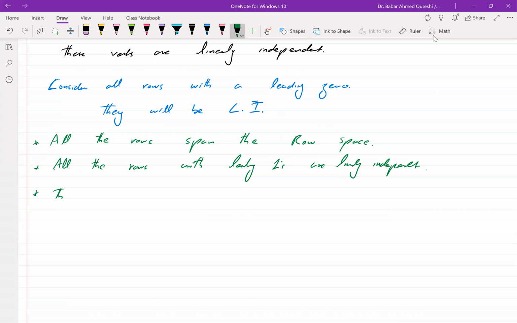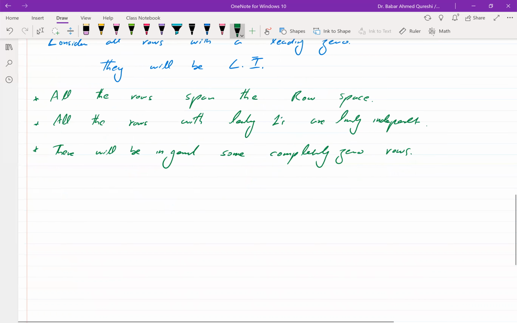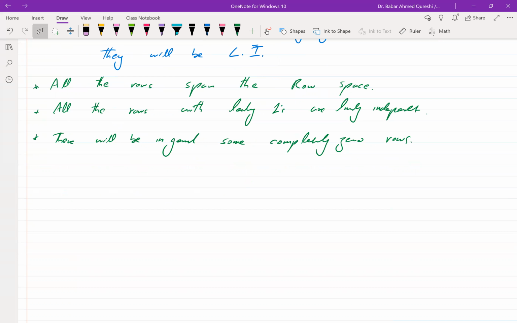They will be in general some completely 0 rows. But those completely 0 rows don't matter. Those are just 0 vectors. They do not show up in your span.